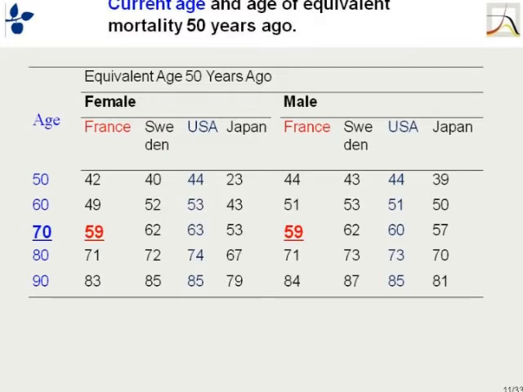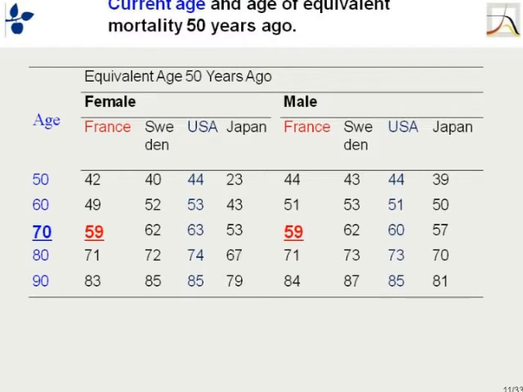French females who are 70 years old today have the same chance of death that French females who were 59 years old had 50 years ago. And the same thing is true for the men. So there's been an 11-year delay. Age 59, 50 years ago, is the same as 70 today. So 70 is the new 59.